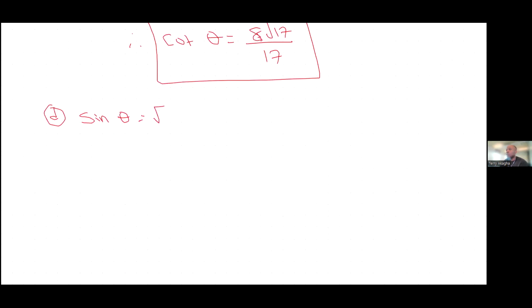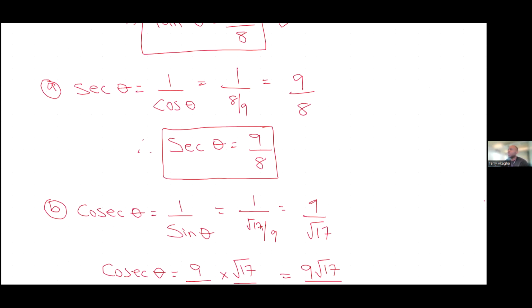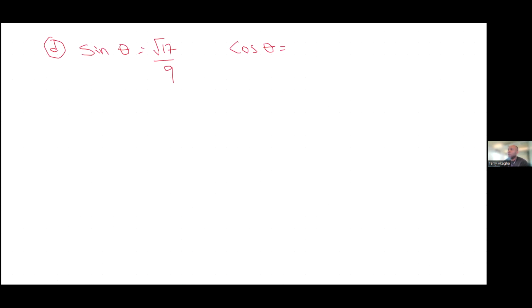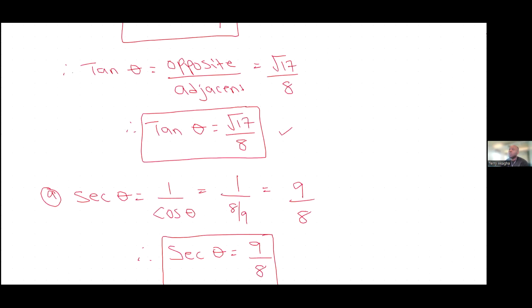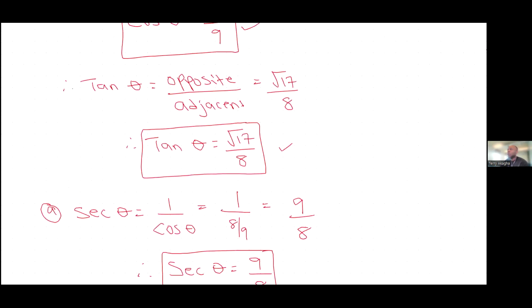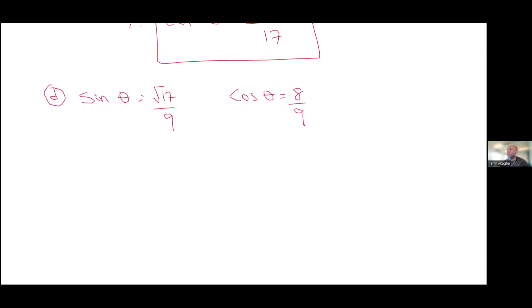Or you can decide to use cos theta, which was 8 over 9. Or you can decide to use tan theta, which was root 17 divided by 8.